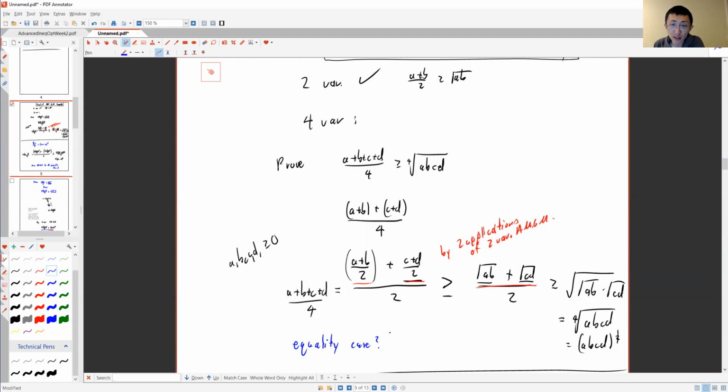So we should analyze it. All we know is the 2 variable inequality, right?